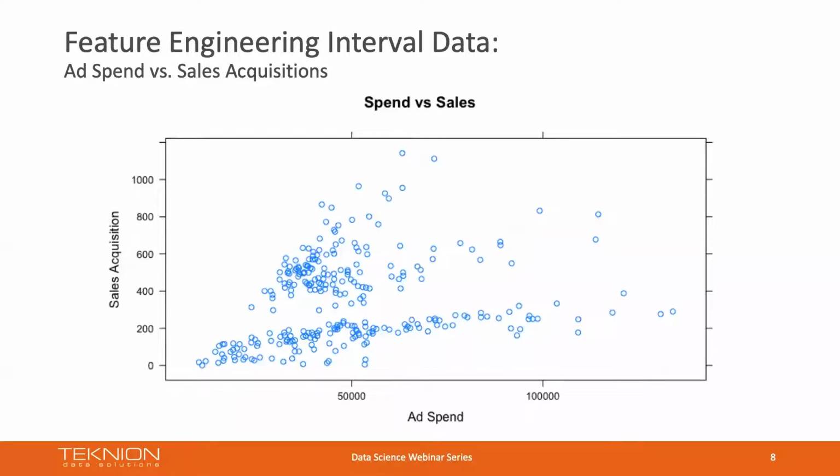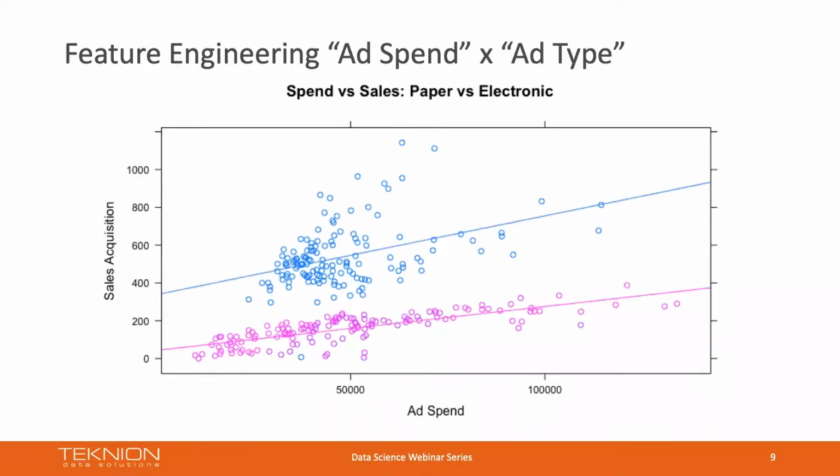But what we didn't think about putting in this data set, if we just left this, would actually give us some information, but it would give us false information about the relationship between ad spend and sales acquisition, because what we didn't notice is that we actually had two different sources of signal coming in.